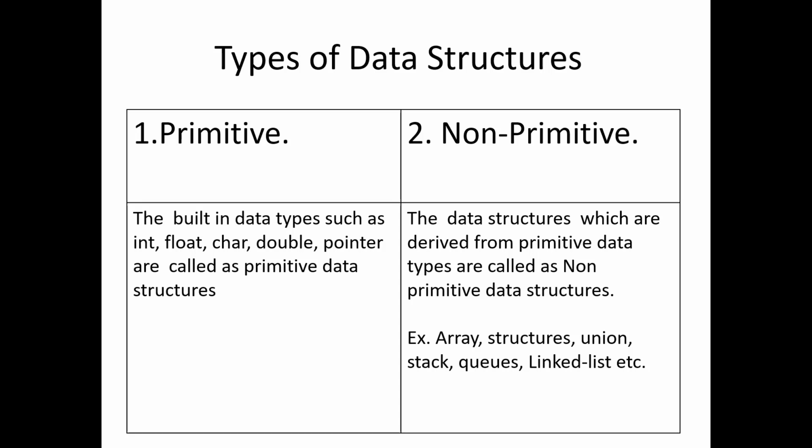For example, we have studied already in the C language, integer, float, character, double are the different data types that hold a single value, that are called the primitive data structures. Then coming to non-primitive data structures, which are derived from the primitive data types. Example, arrays, structures, union, stack, queues, linked list, etc.